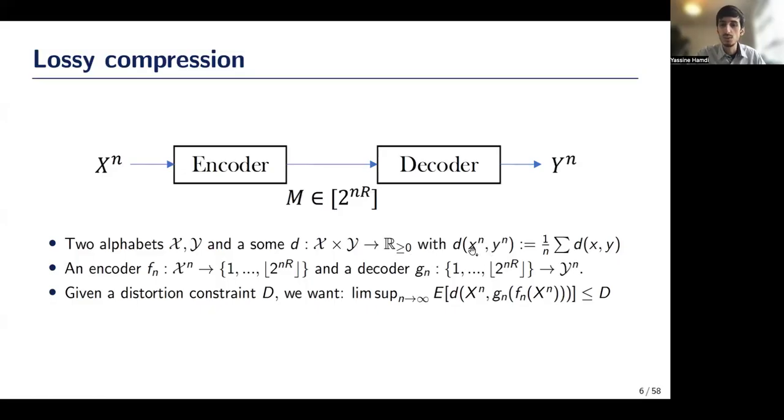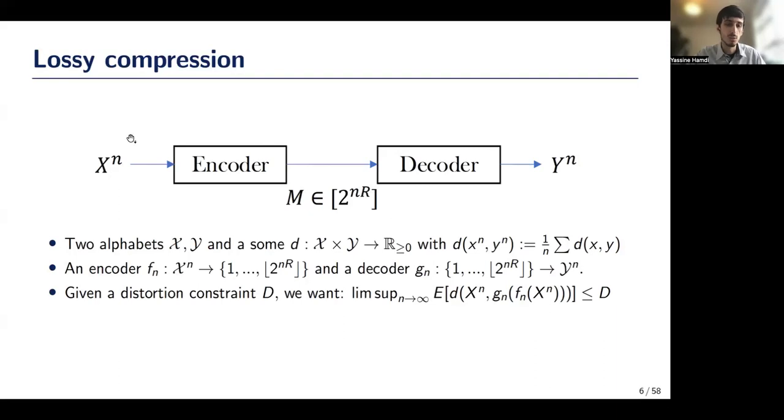So the distance or distortion between a sequence x^n and a sequence y^n is going to be the average. I forgot the indices here, but it's the average of the distance between x1 and y1, the first element, plus the distance between x2 and y2, etc. You take the average. Essentially now the goal is that we don't want the distance between x^n and y^n to be too big.